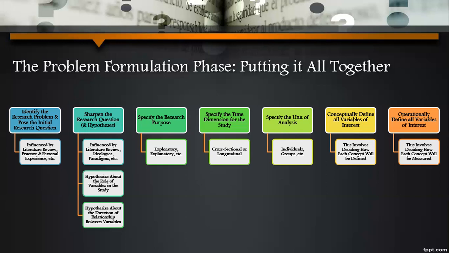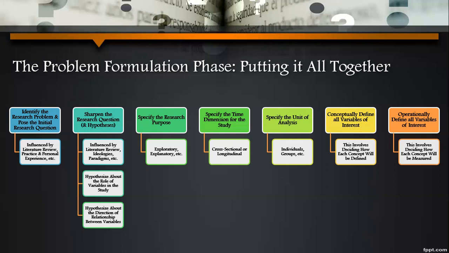Oftentimes, the source of the problems that we identify, which we already discussed in the last video lecture, is very much rooted in our own practice and personal experiences, and it's also rooted in our review of the literature. And then we talked about sharpening the research question and also the hypotheses. So we're now adding in hypotheses to this as well.